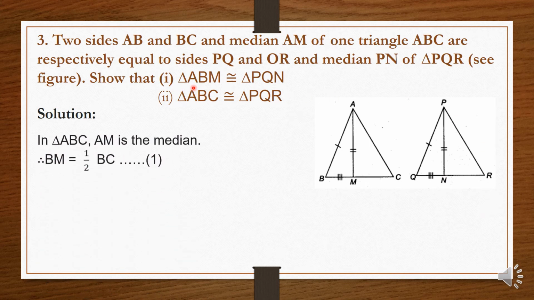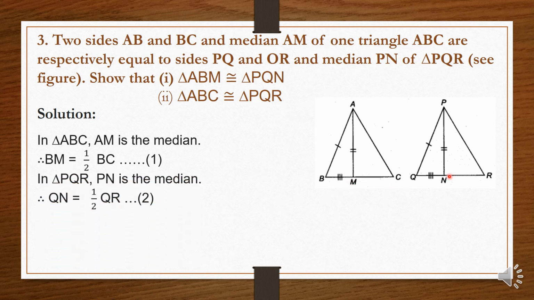So we have to prove that triangle ABM is congruent to triangle PQN. But before that, let us note down the relationship between the two triangles. In triangle ABC, we have AM as the median. Since AM is the median, we can write that BM is half of BC because M is the midpoint of BC. We mark it as equation 1. Again, in triangle PQR, PN is the median.